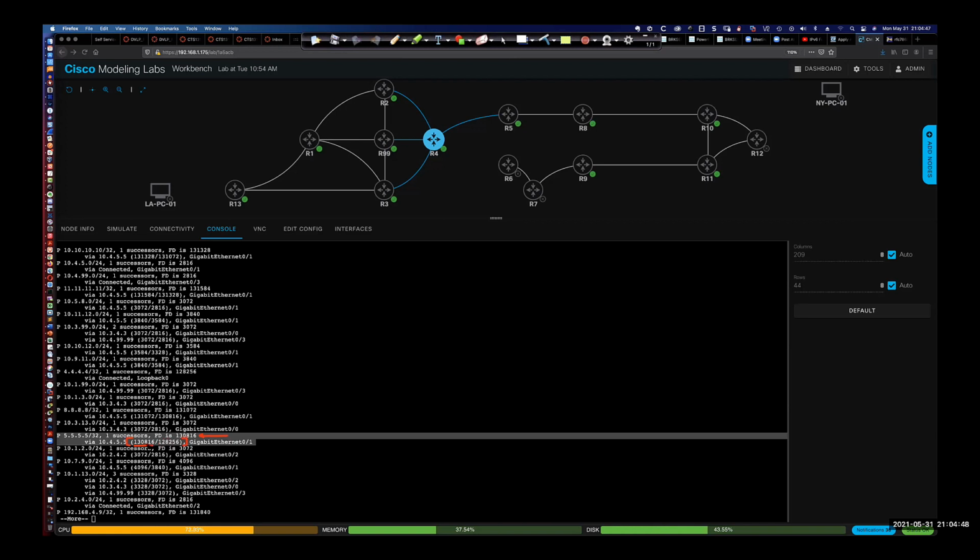It just so happens that the computed distance, which I'll say CD, is initially the same as the feasible distance, which is the FD, right? But the computed distance can change if something changes in the environment and the route doesn't go active.